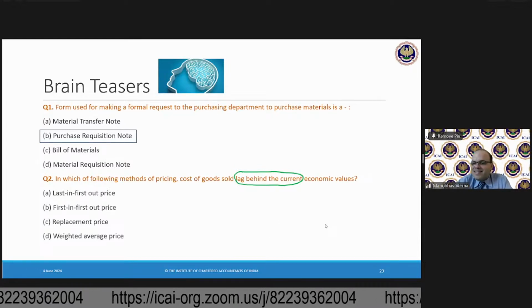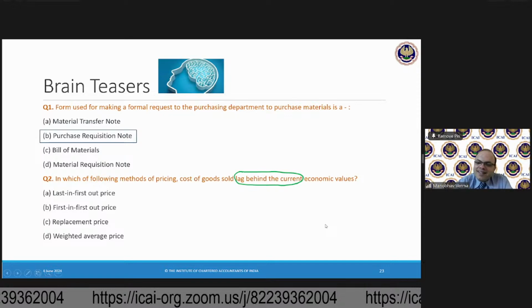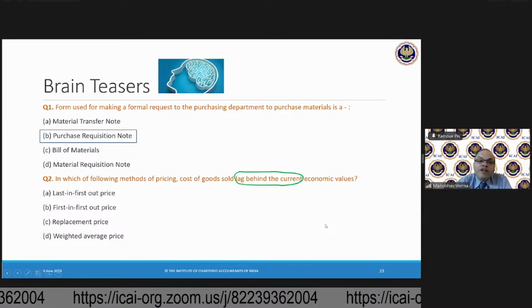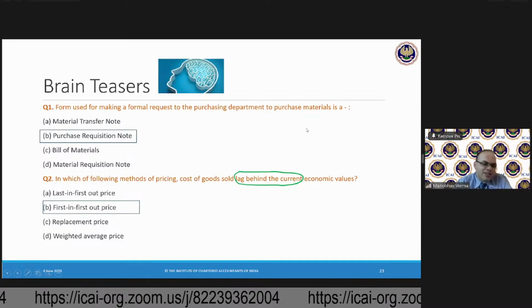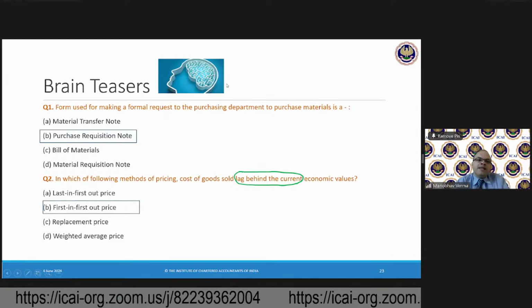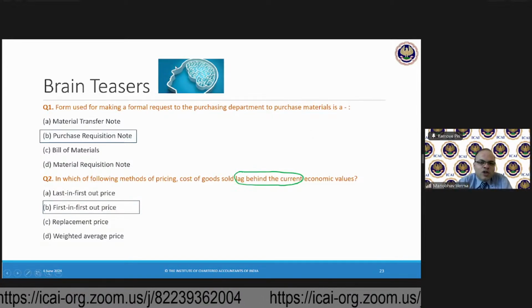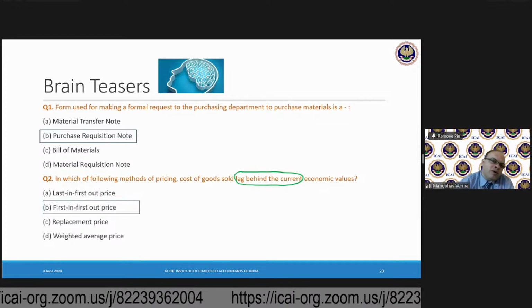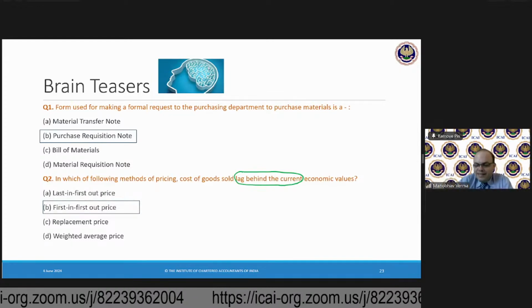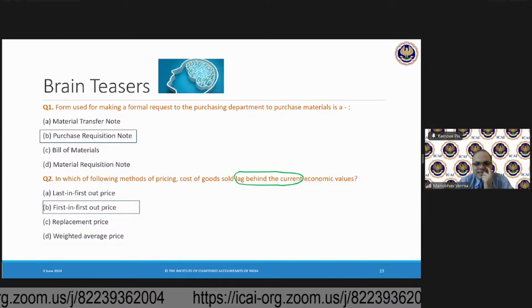And that's something we did in the FIFO example, I guess. So the answer for the second question happens to be B as well. I hope it is clear now. People who were thinking of A or C, I think you missed out on that term called lag behind. That's important here.